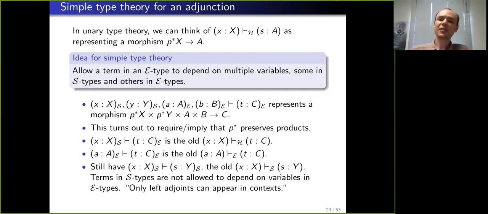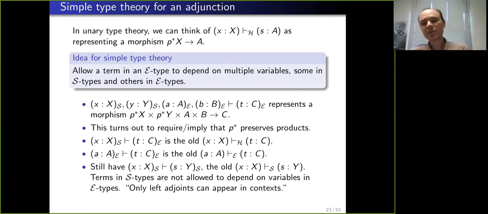If the term that we're talking about lives in an E type, then we allow the domain to consist of both S types and E types, where we apply the left adjoint to our S types, if necessary, to make them into E types to talk about our morphism. And we still have the old heteromorphism judgment, and we still have the old single category judgment, but we also have these mixed judgments.